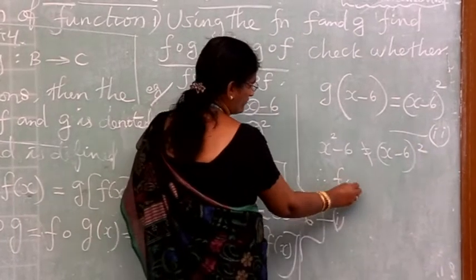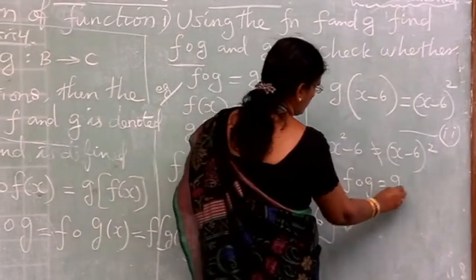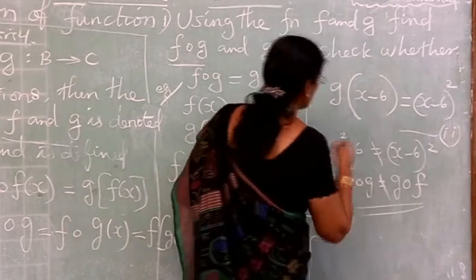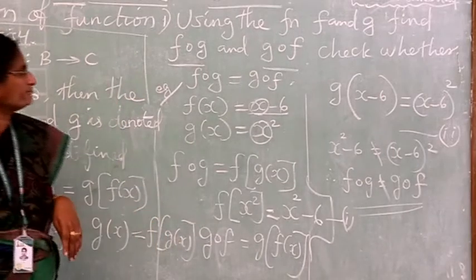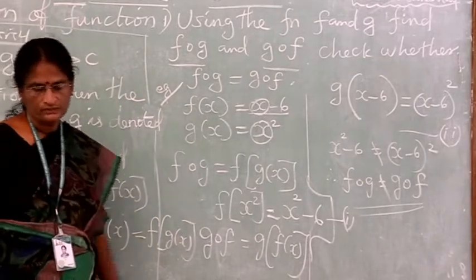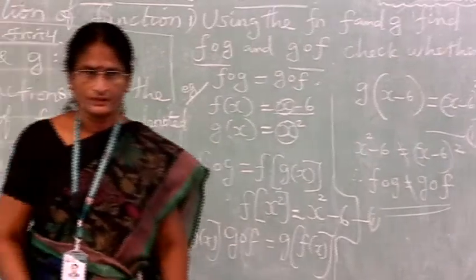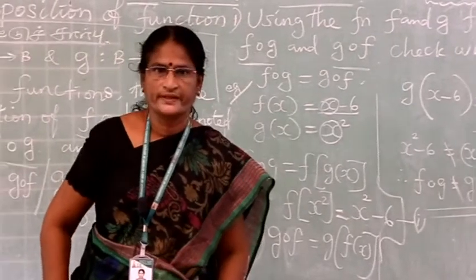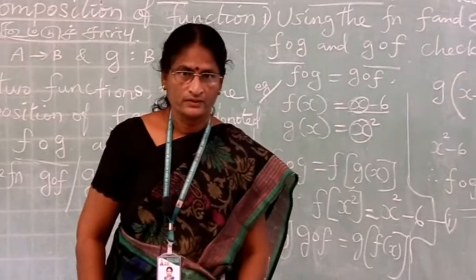Therefore, f dot g is not equal to g dot f. Okay. Do you understand? See, likewise, you can see so many problems are there in exercise 1.5. You can do it yourself.